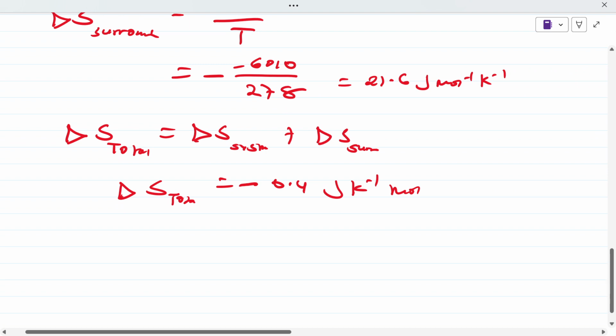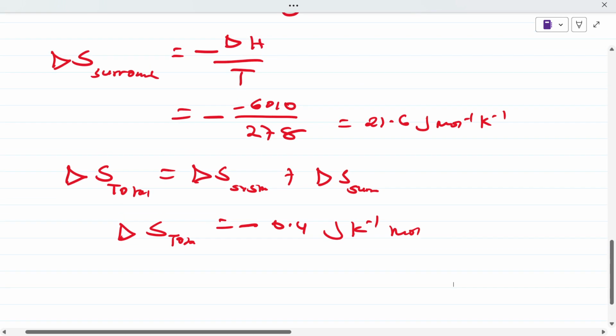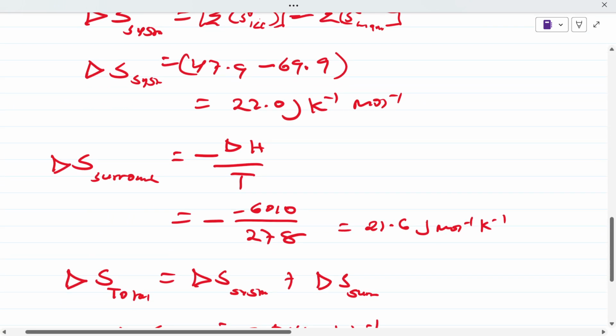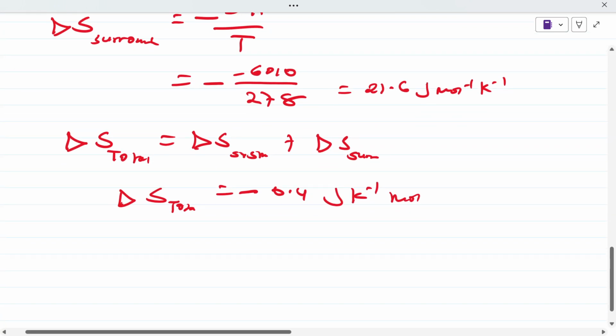If that's the answer I'm getting, what does this denote? At that temperature, which is positive 5 degrees Celsius or 278 Kelvin, will water be a solid or a liquid?